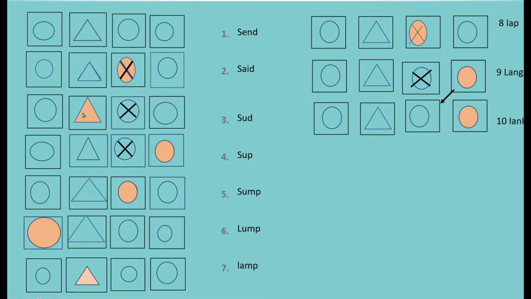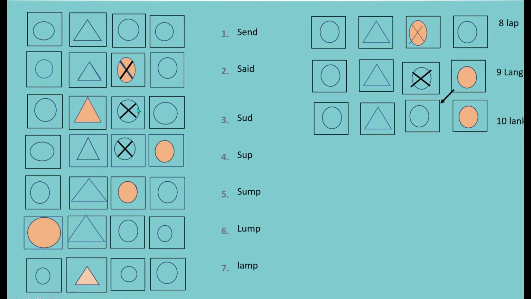Then for sup, we have s, again. We still don't have that 3rd sound, but we have a p on the end. We did have a d, now we have a p.